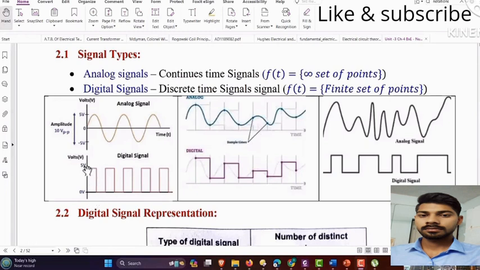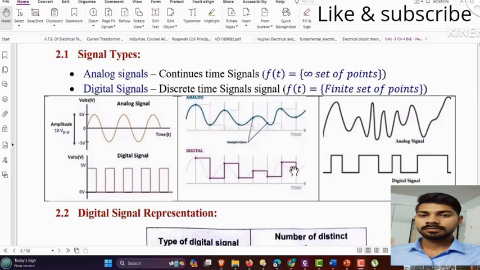For example, for a certain duration, the value is 5 volt. Then for the next duration it is 0. Again for the next interval, it is 5 volt. Again it is 0 volt for the next duration. Likewise. So the total signal is repetitive, but it is only represented by discrete values.